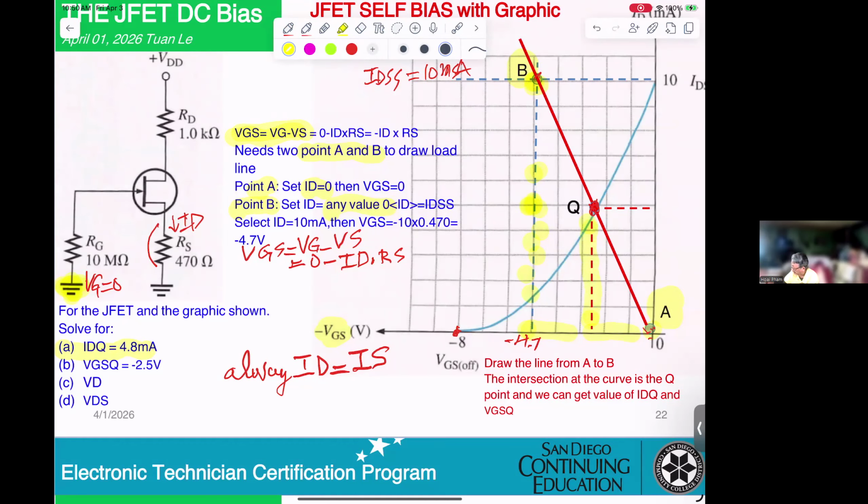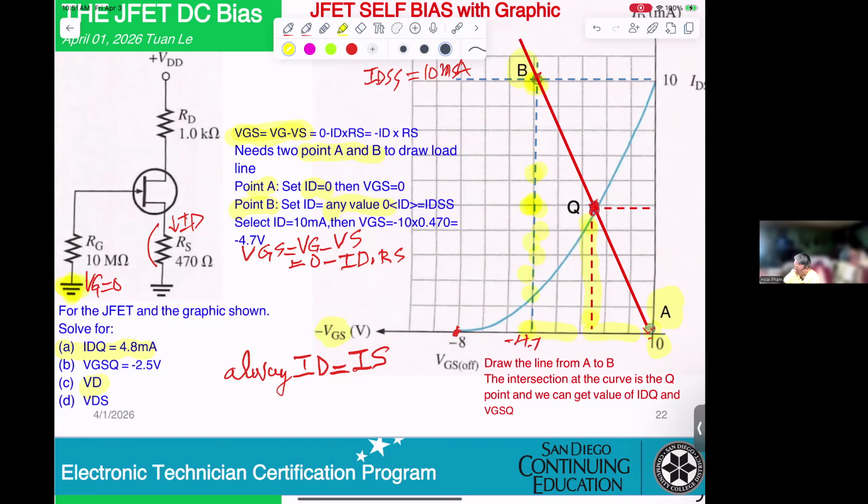Okay, they will be equal minus 2.5 volt, okay. This is the 0, to the left negative, to the right positive.